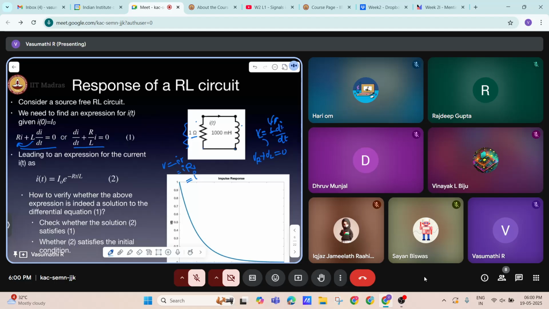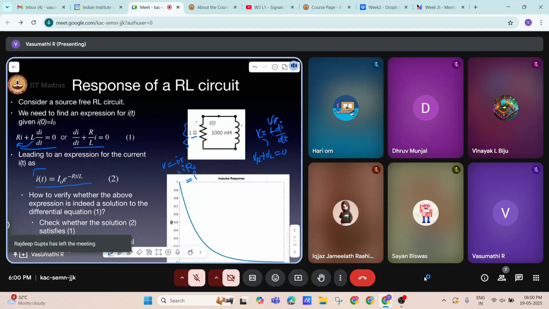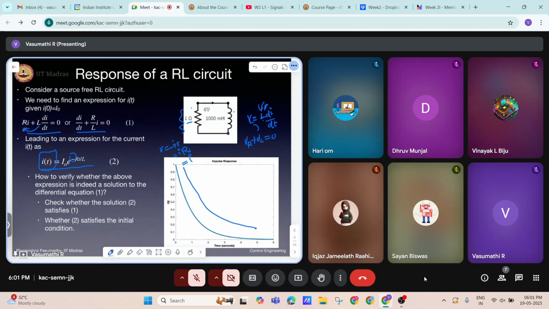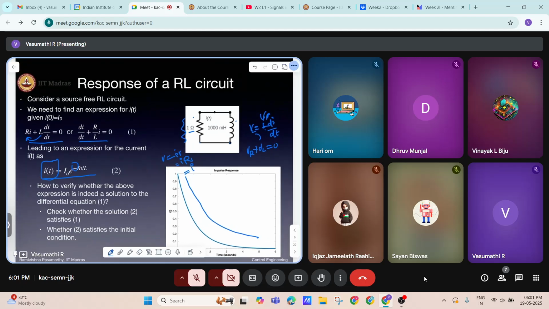If I differentiate it and find the solution for this equation, I would get a solution like this. If I want to plot this current, it would look like this. Why? Because there is a minus term here. It's a decaying exponential signal.